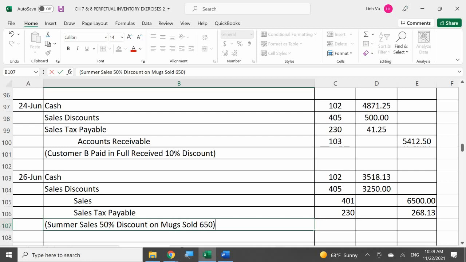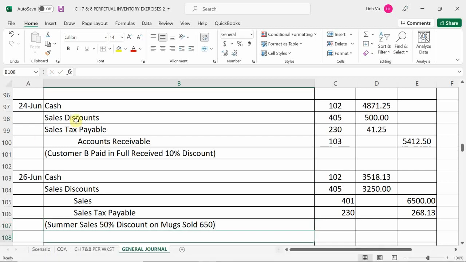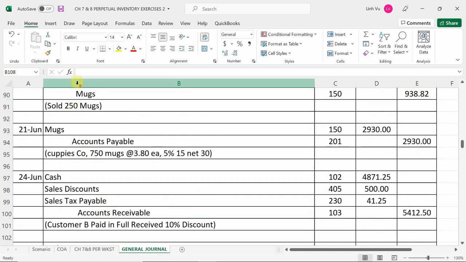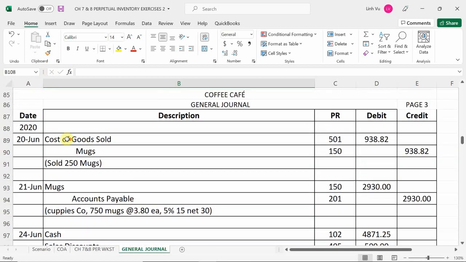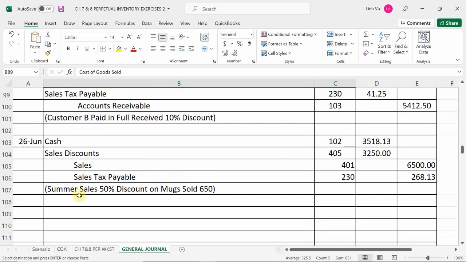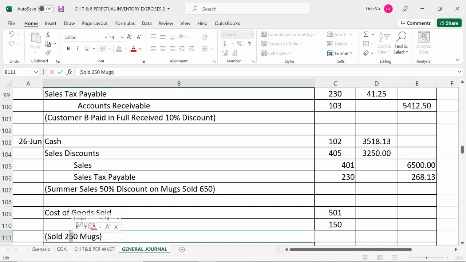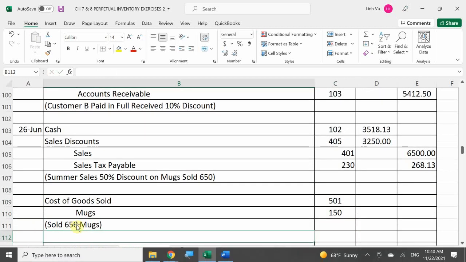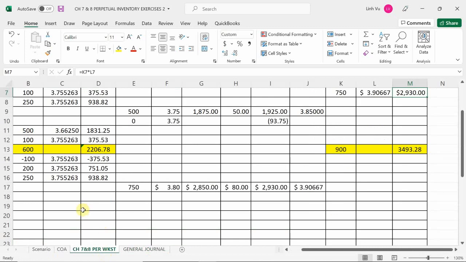650 mugs. Okay. So therefore, I have to also calculate for my cost of goods sold. Because I sold 650 mugs. So in this case, I need to go to my inventory worksheet.